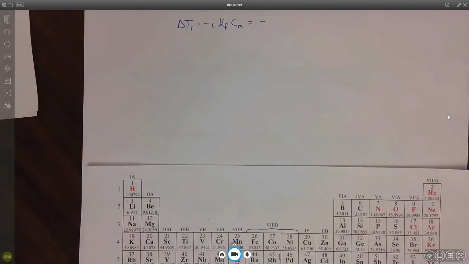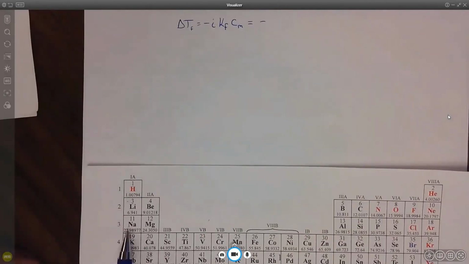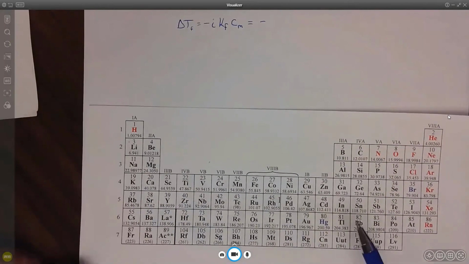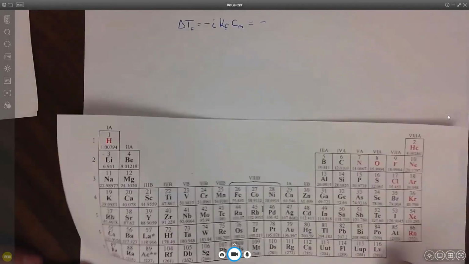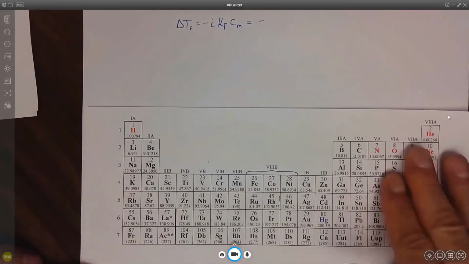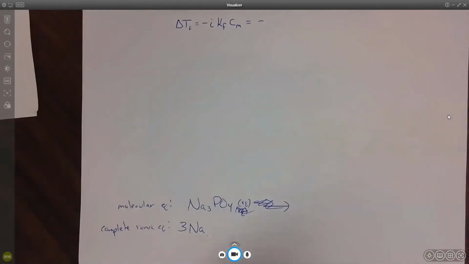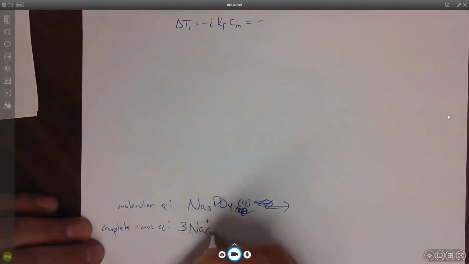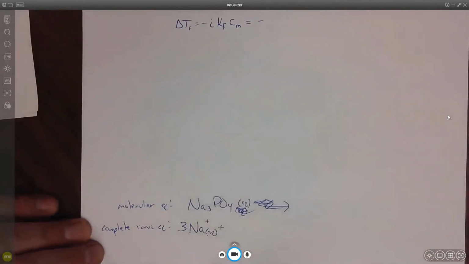+1. Yes, 1A, so it's a +1. Metals are always cations, right? The metals are always cations and the non-metals are anions. So this is a positive and negatives, okay? So it's a +1, and we'd say it was aqueous. And then what about the PO4 part?